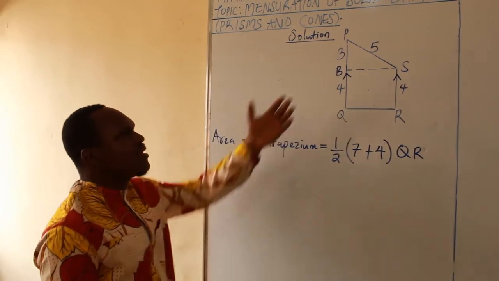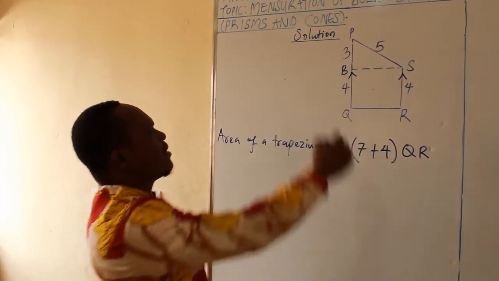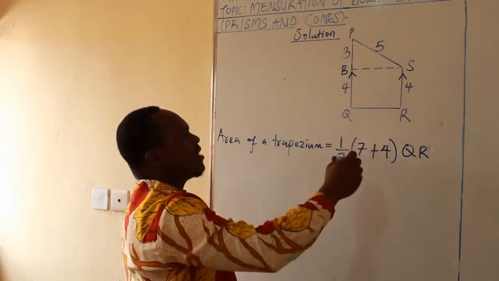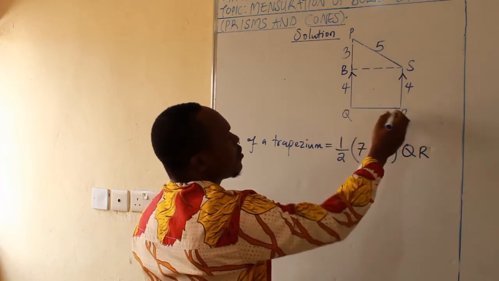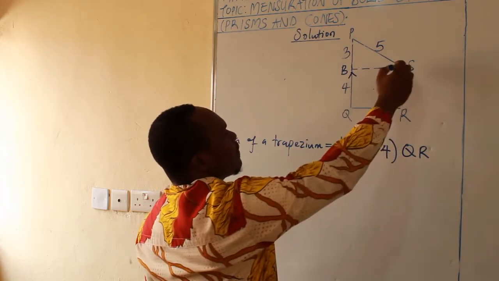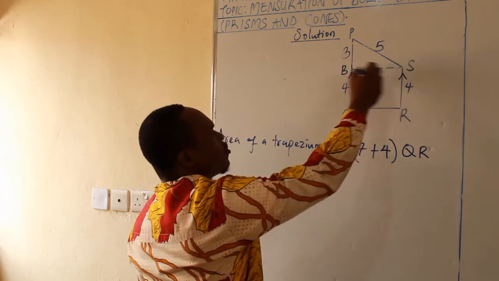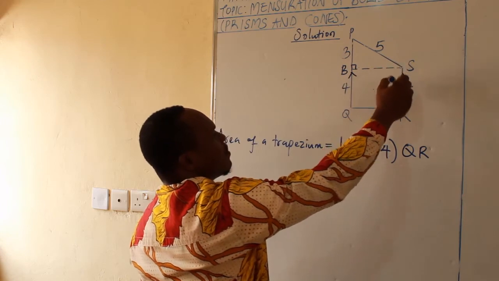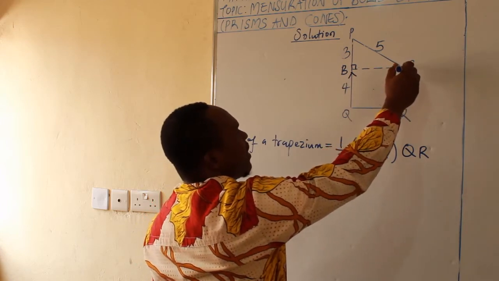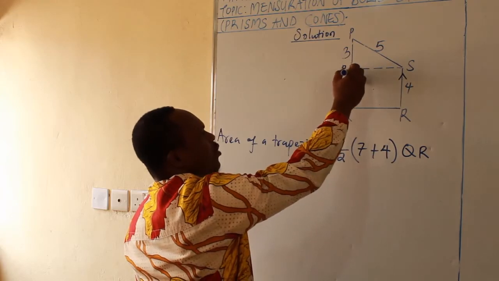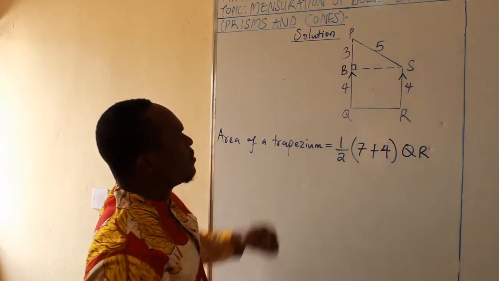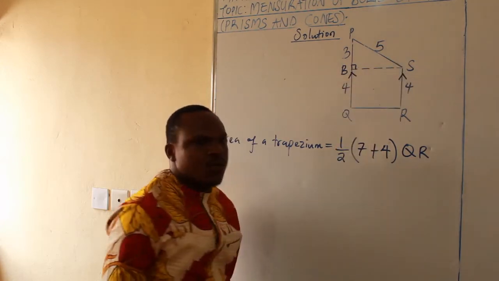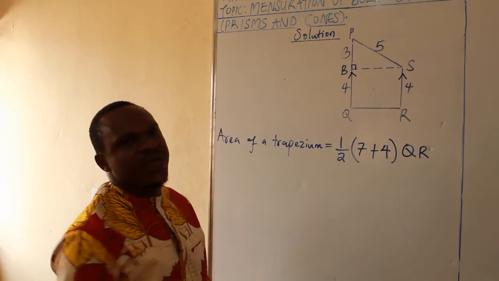Since it is a trapezium and the lines PQ and SR are parallel, the length from Q to R is the same as the length of a perpendicular line drawn from S down to PQ at this point B. It means that QR is the same as the length BS. So how do we find the length BS?